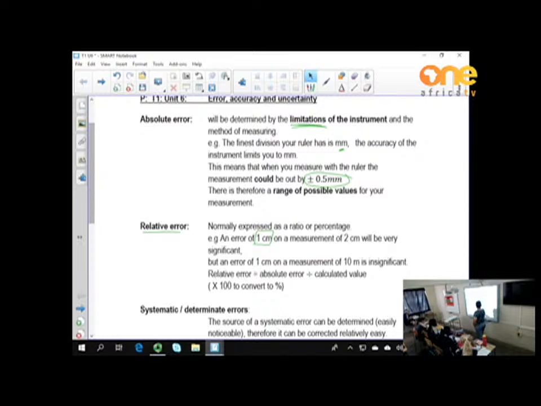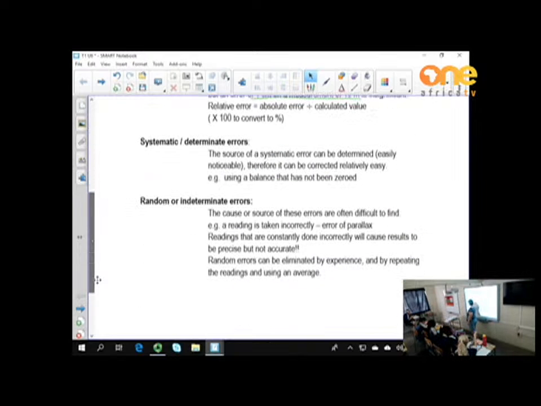Not significant either if we have 1 centimeter on 10 meters. Relative error is the absolute error divided by the calculated value, times 100 over 1. You can give it as a percentage or just as a value.